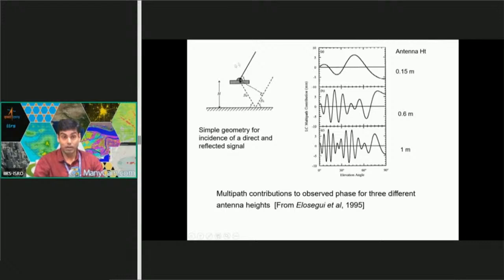And here is the geometry schematic diagram of how the signal is incident on the antenna, because this is the phase center of the antenna, this is the reflected signal, and this is the direct signal. These are the multipath contributions to the observed phase for three different antenna heights. It is clear from this schematic diagram.